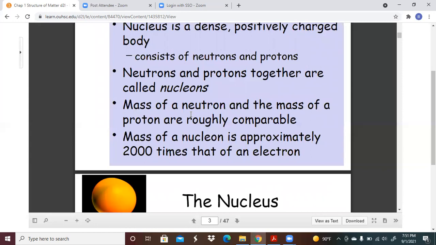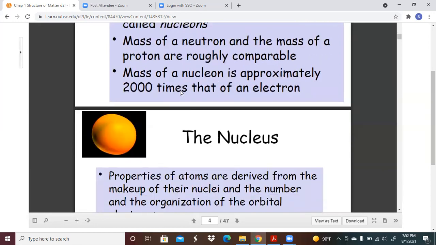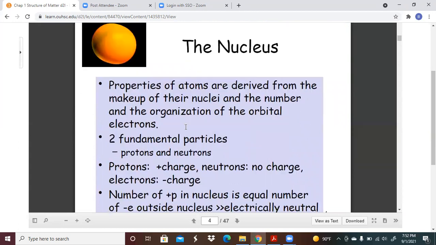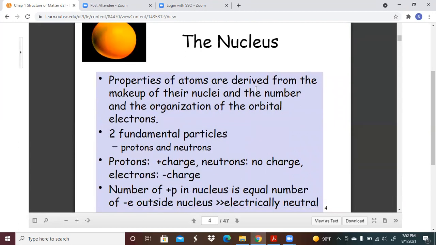The mass of a neutron and the mass of a proton are roughly the same, and the mass of a nucleon is approximately 2,000 times that of an electron. So, properties of atoms are derived from the makeup of their nuclei and the number and the organization of the orbital electrons.